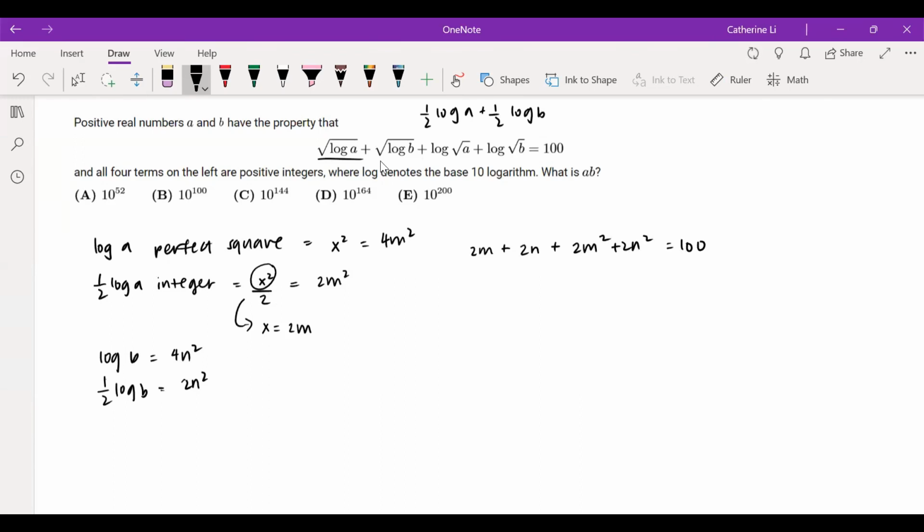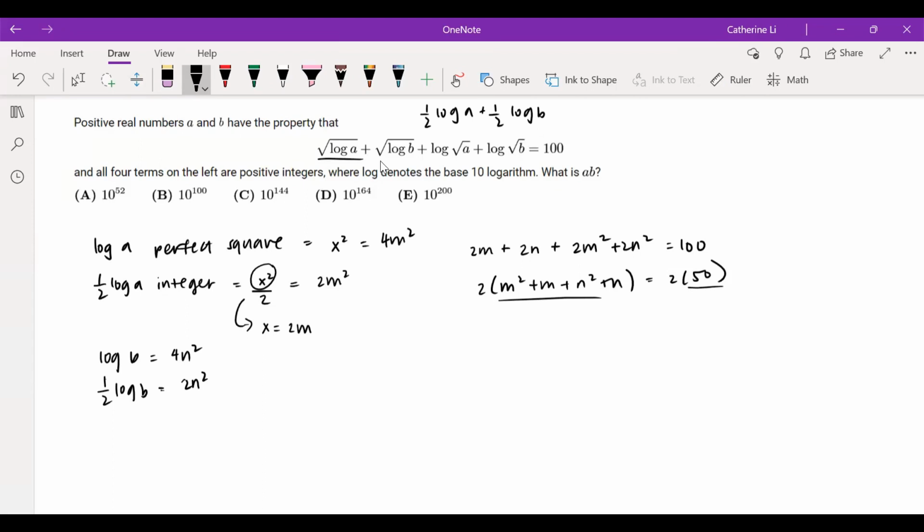And all this is equal to 100. So we can factor out the 2. We get m squared plus m plus n squared plus n, and then 2 times 50. So we get that m squared plus m plus n squared plus n is equal to 50.